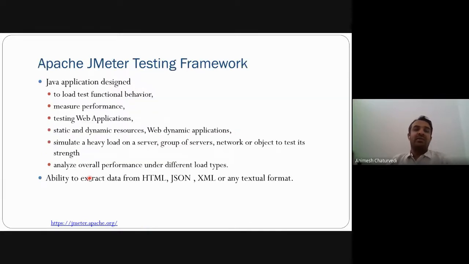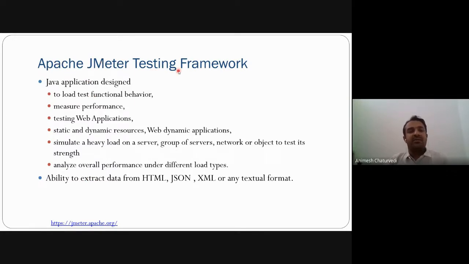Then Java application design is also there. That you have to load some functional testing. So the functional testing could be done with this Java JMeter, and we'll discuss this in detail. So there's a testing framework which is named JMeter for testing purposes.